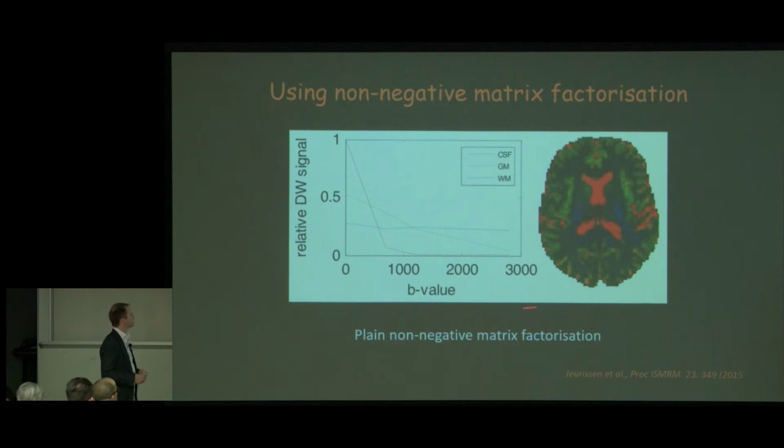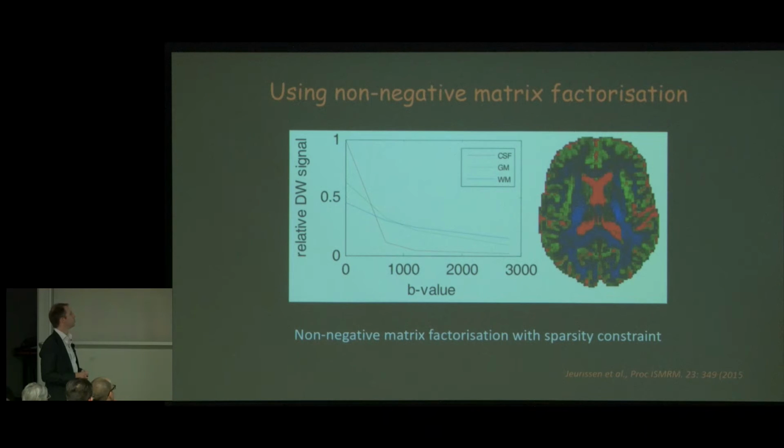If you just do it as is, you get this kind of decomposition. It's not very clean, and you get not very nice looking decay curves. What you can do is add constraints like a sparsity constraint, and then you get much more believable results from that.